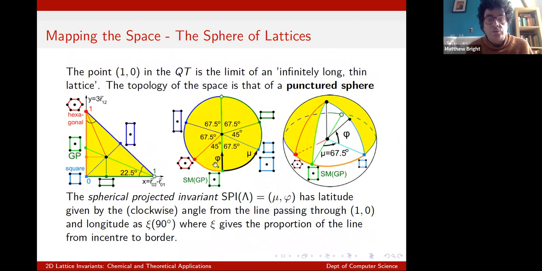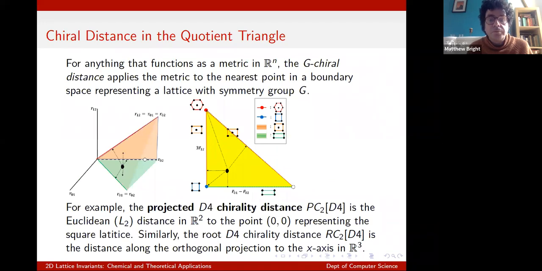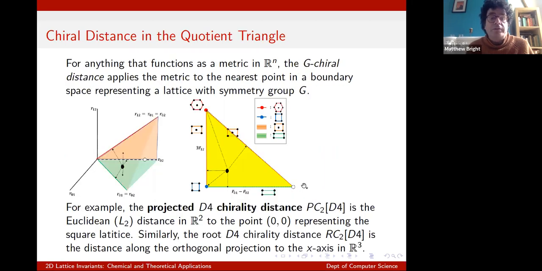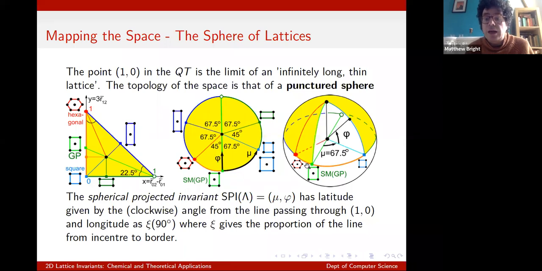And in the last talk we gave some definitions of that, and there are plenty of them. G chiral distance is generally what we call it, but we can define specific ones based on measures in this space. There's a nice geometric map to the sphere, which is slightly more convenient, because instead of your boundaries being across a triangle and you having to measure all of them, this spherical map puts every higher symmetry lattice onto the equator of a sphere, with lattices of negative sign in the southern hemisphere and lattices of positive sign in the northern hemisphere.